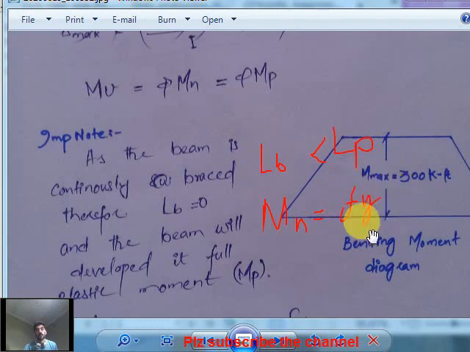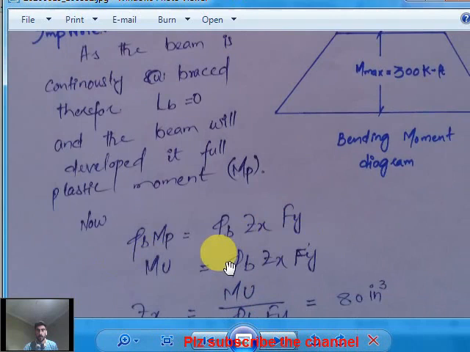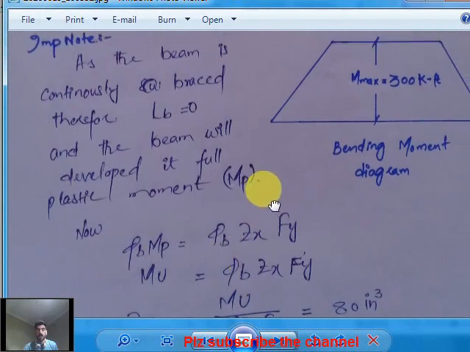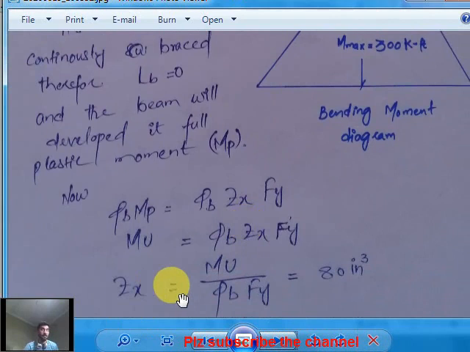Clear? So you don't need to use those lengthy formulas. Now we have a simple formula, and we are going to select the section on the basis of the Zx criterion, the plastic section modulus. Clear? We found the Zx as we did in question number 1, lecture number 1.